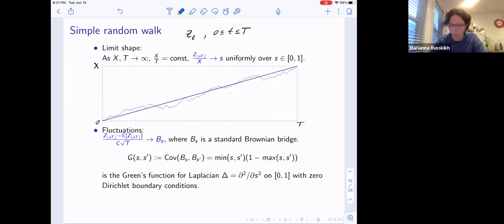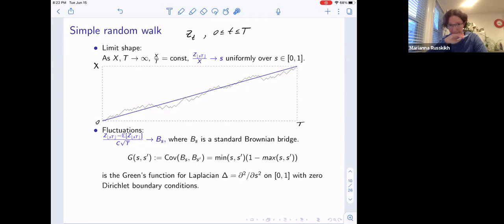Equivalently, one can think about the uniform measure on the set of these up-down paths from (0, 0) to (x, t). And it is known that if x and t go to infinity in such a way that the slope remains constant, then the limit shape is simply a straight line between those two points.